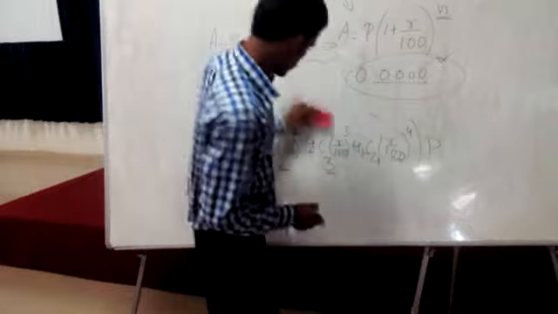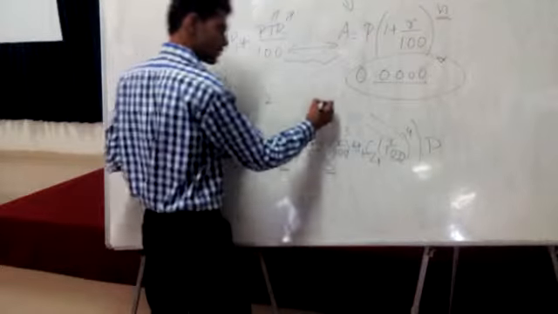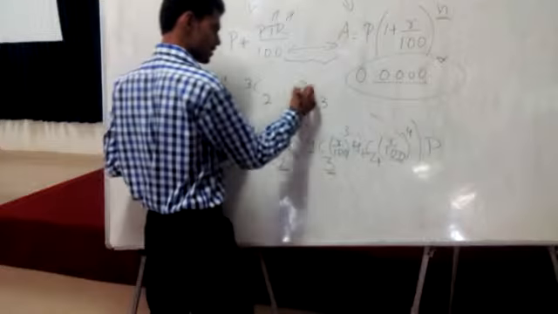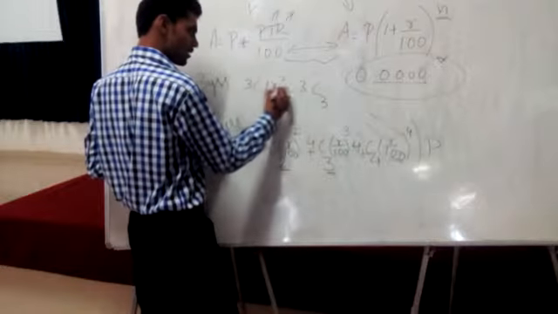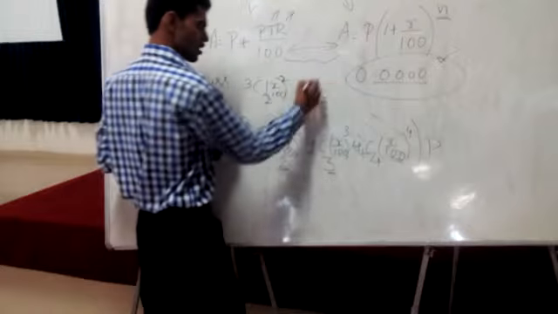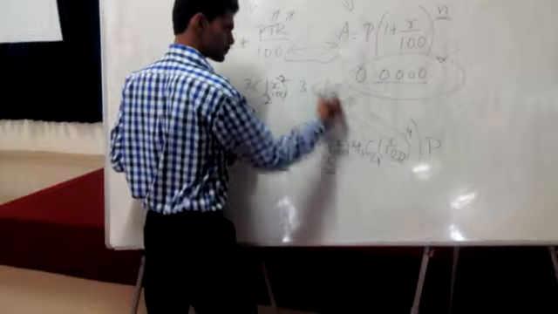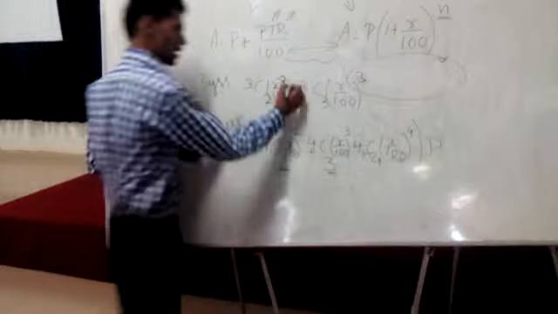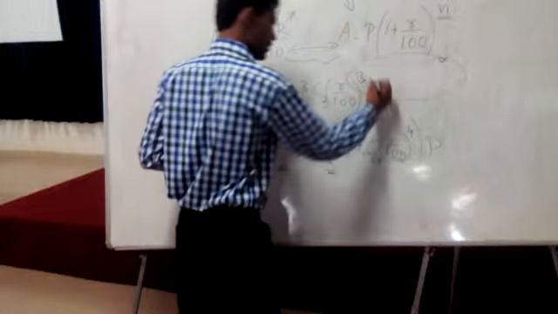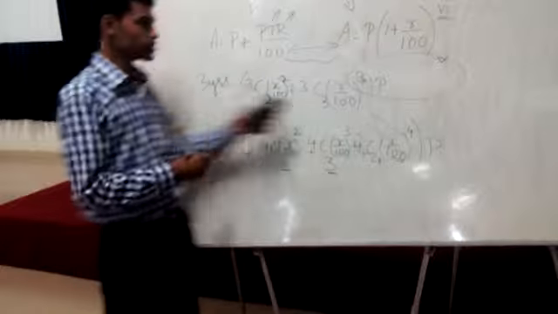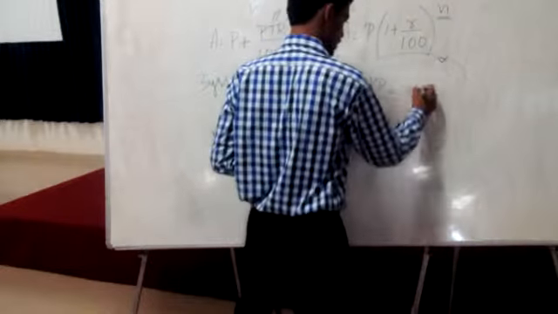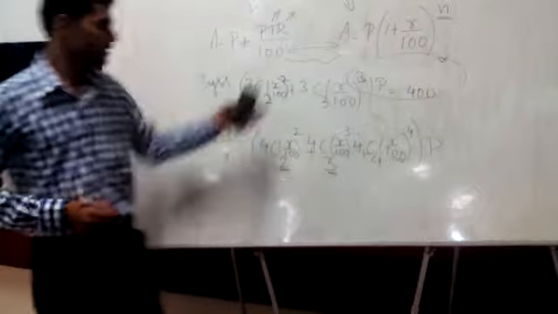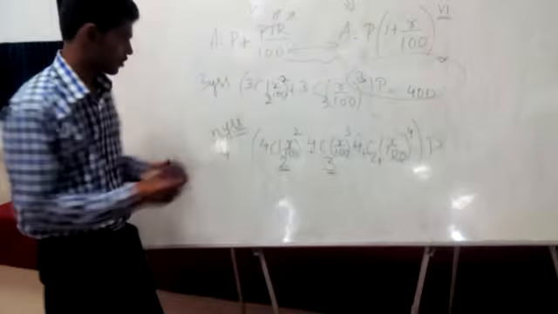By our method, we start from 2 right up to 3, write 3C, R by 100 whole square, R by 100 whole cube, add these two, multiply with P, and that is the difference between simple interest and compound interest. This is equal to 400. So directly you have an equation for 400.